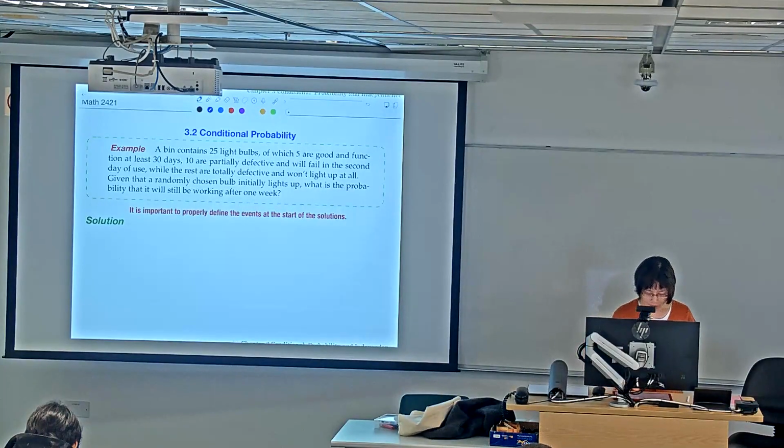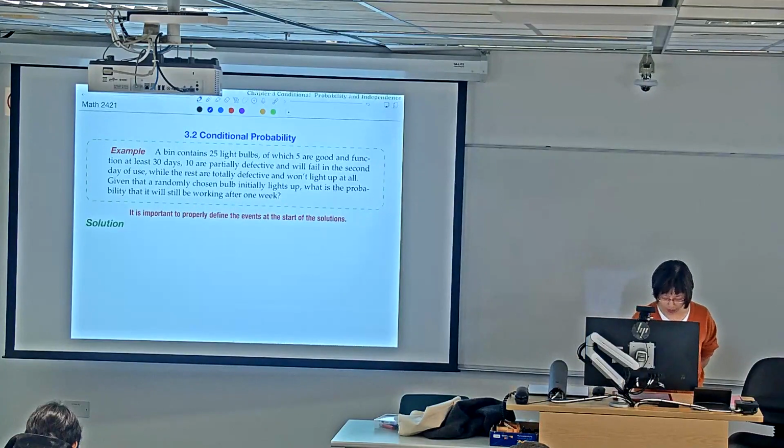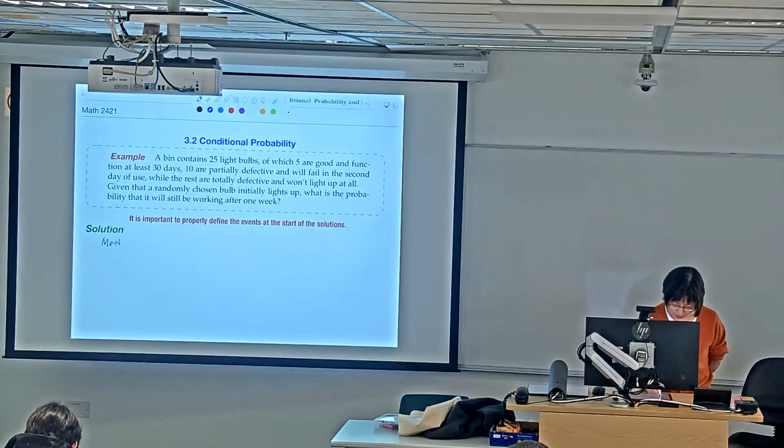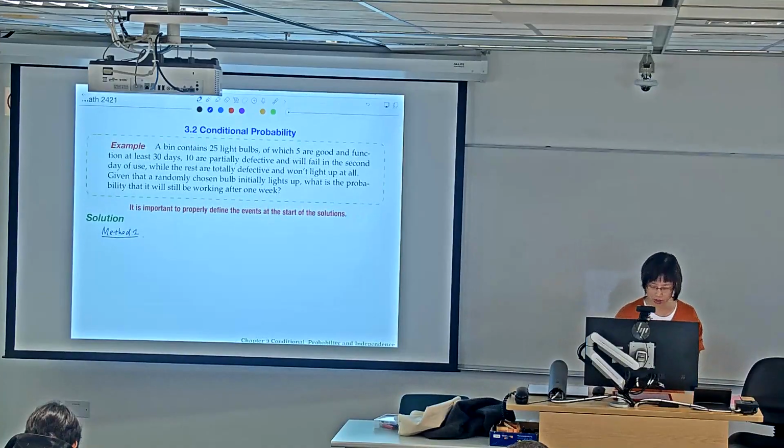Okay, so here I'll give 2 approaches. The first one is very simple. Here we are given 25 light bulbs. 5 are good and function at least 30 days, and 10 are partially defective, but will light up and fail in the second day of use.